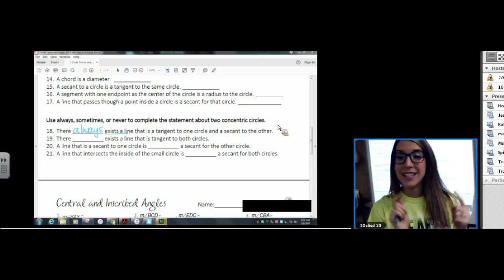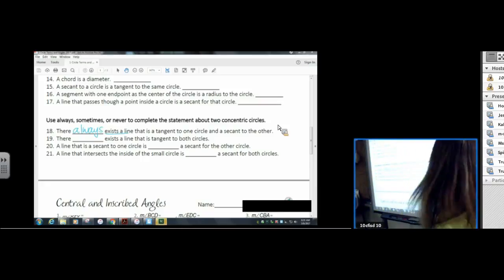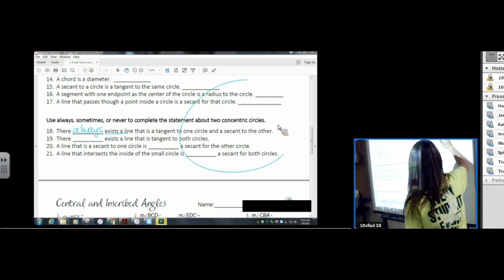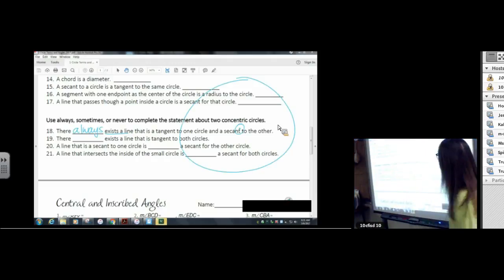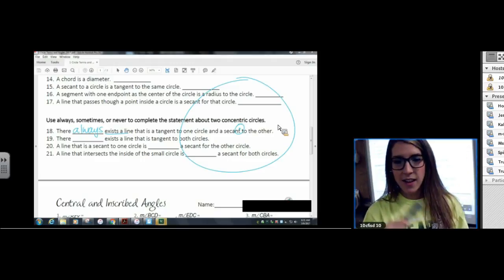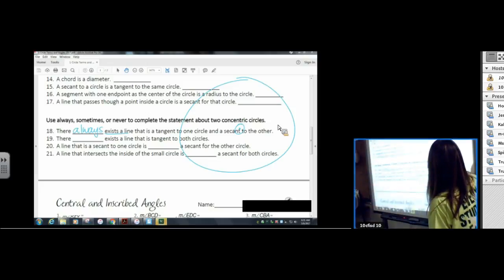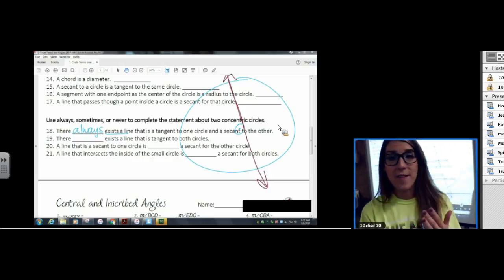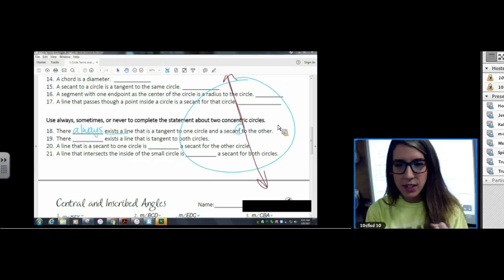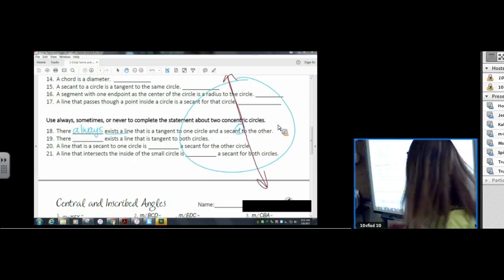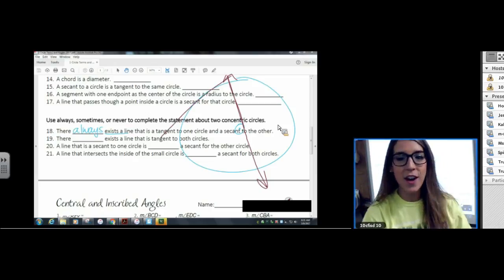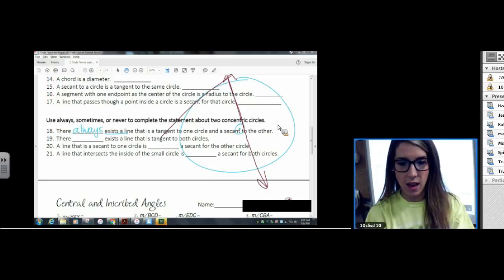I could never draw concentric circles where I couldn't. Let me draw a different pair than I just did. Does there exist a line that's tangent to one and secant to the other? Yes, it still exists. I can't think of a single time when I would have concentric circles and I couldn't draw one tangent to one and secant to the other. I'm not saying every line is tangent to one and secant to the other. I'm saying there always exists a line.